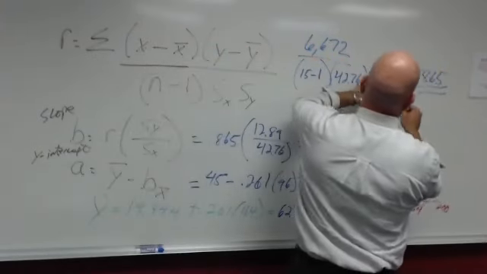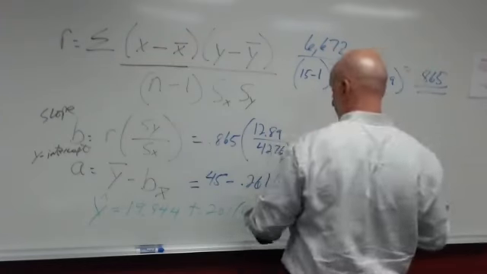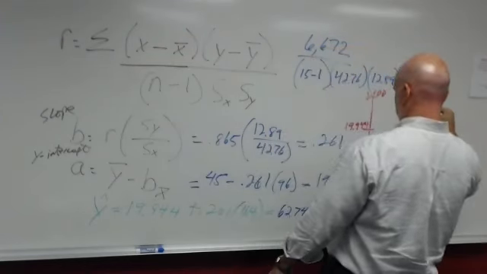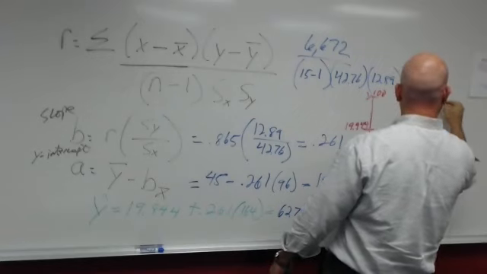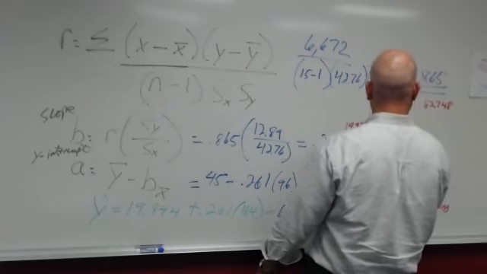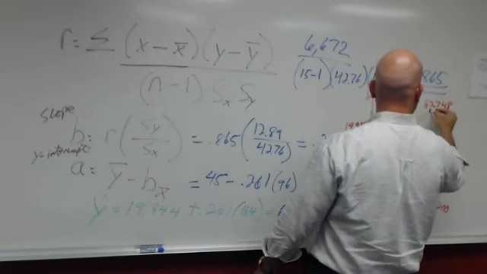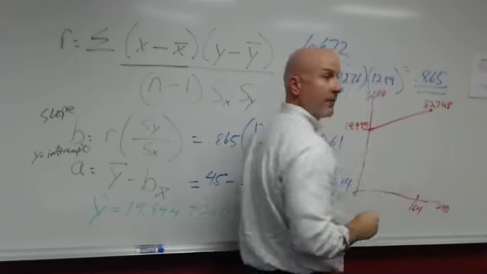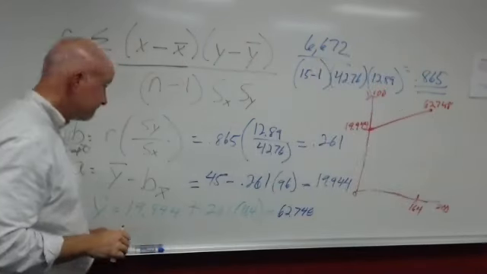Let's take this out to 100, and we go vertical to 62.748. Let's just say that data point is there. That becomes the regression line.